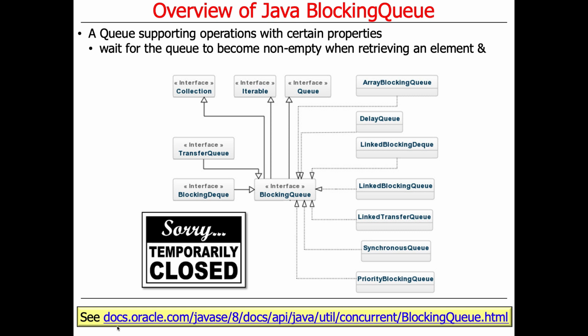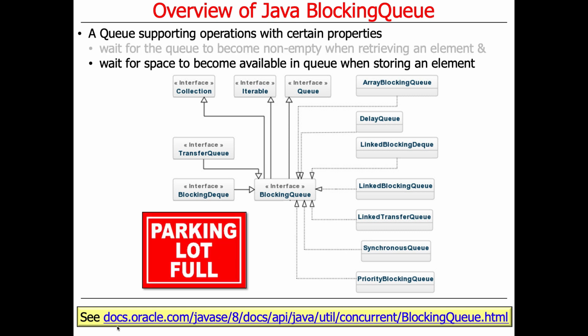One of the things that a blocking queue does that a normal queue doesn't do is it allows a program to wait for the queue to become not empty when you retrieve elements from it. So if there's nothing in the queue, it'll block when you try to take an element out of it, which is what a blocking queue does.